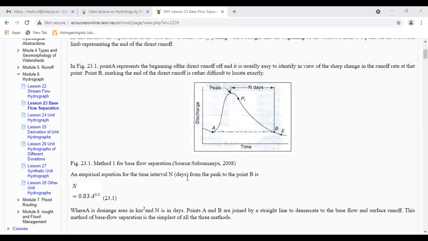The common curve tangential to all the independent recession curves is nothing but the master depletion curve.